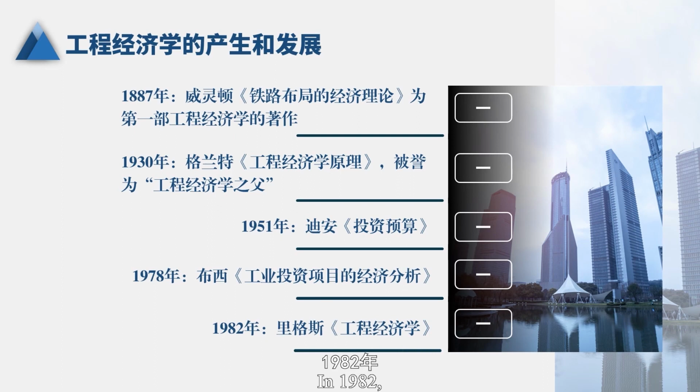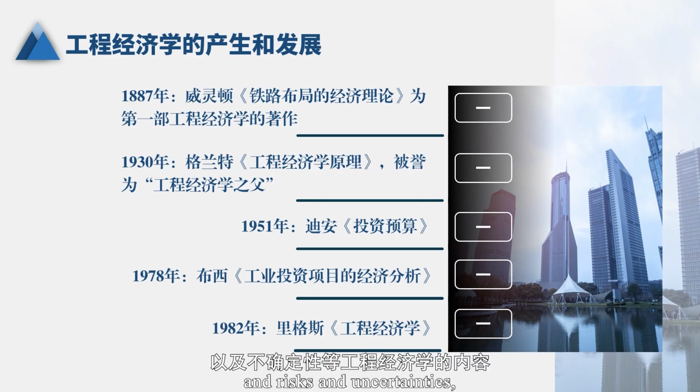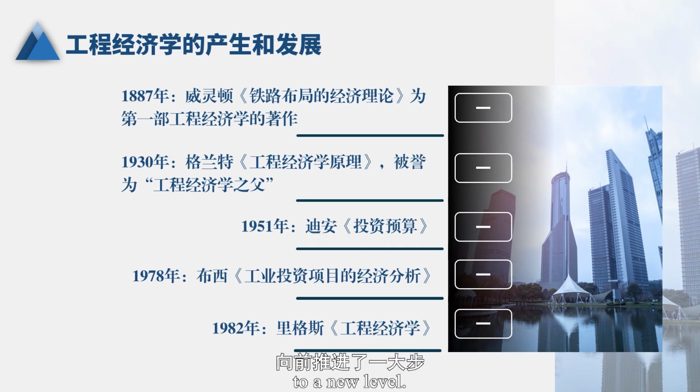In 1982, Riggs' Engineering Economics systematically explained the content of engineering economics, including the time value of money, the monetary value of time, monetary theory, economic decision-making, and risks and uncertainties, pushing the discipline of engineering economics to a new level.